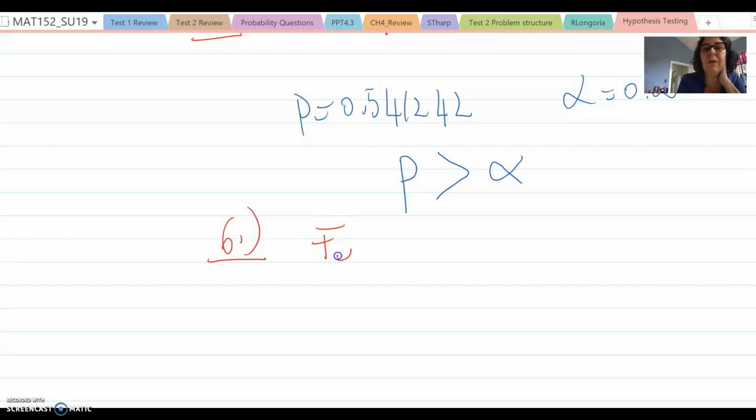Then you write the statistical interpretation, fail to reject H null, and final step, step 7.